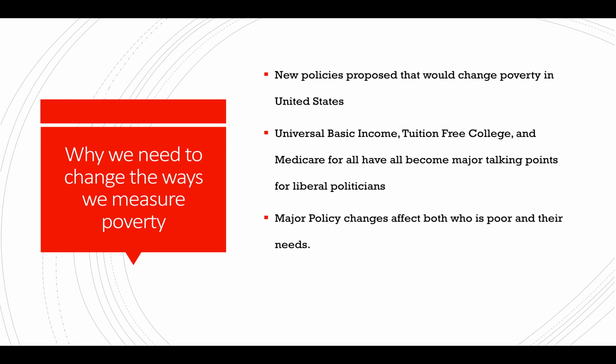These would all change poverty in the United States in their own right and demonstrate a need for new measures of poverty, as the way we treat the poor changes over time, and this also highlights a flaw of absolute measures of poverty. In conclusion, we feel that it would be best to utilize some of the features of the SPM combined with the capabilities approach to studying poverty, as we feel this would best fit our definition of poverty.